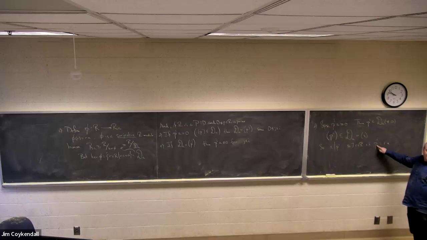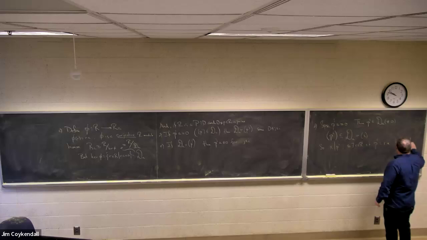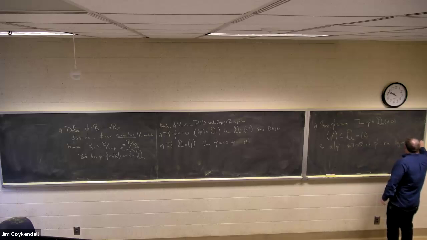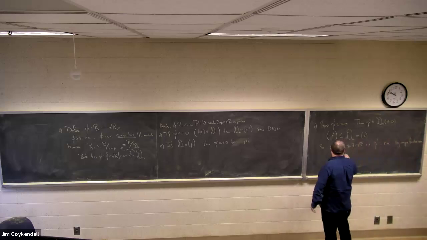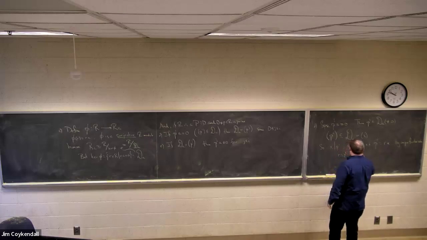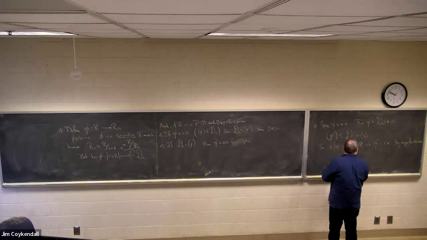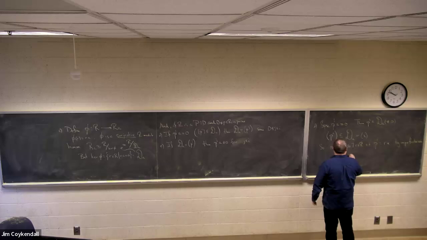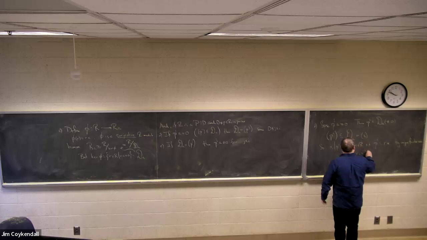By unique factorization, X is P^K, and R is P^(I minus K).